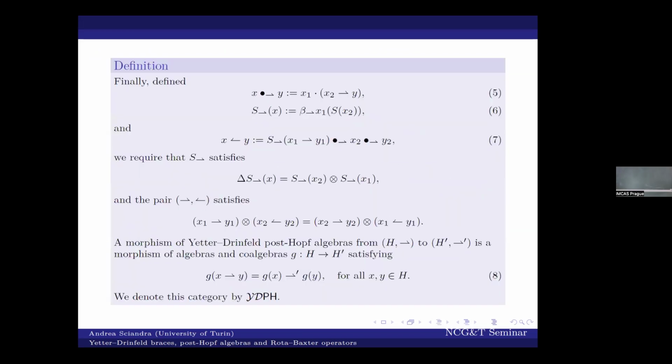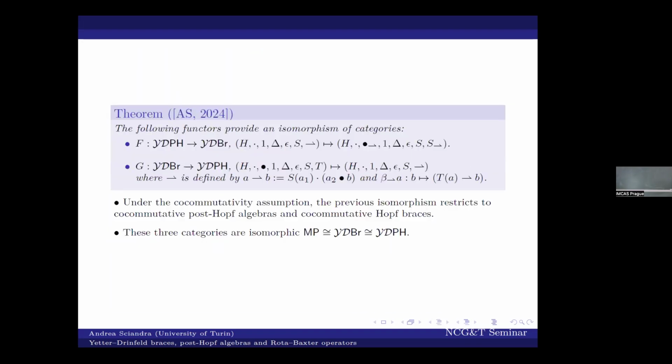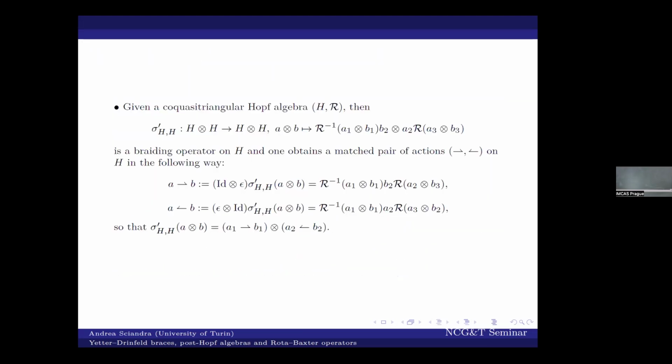So dot and S are defined in this way here, when you have a match pair. Now we just use the left action coming from the R. So the definition is this for the dot, this for the S, but we use this action here. And this is the structure for dot and for S.